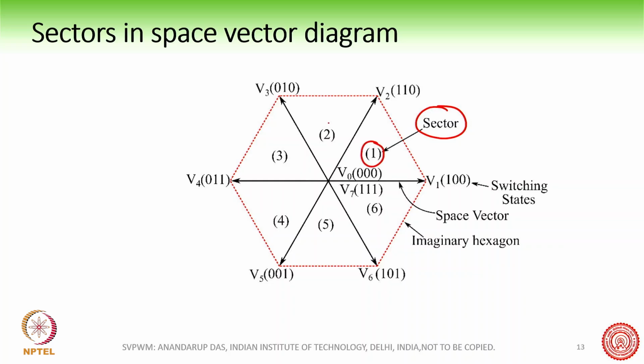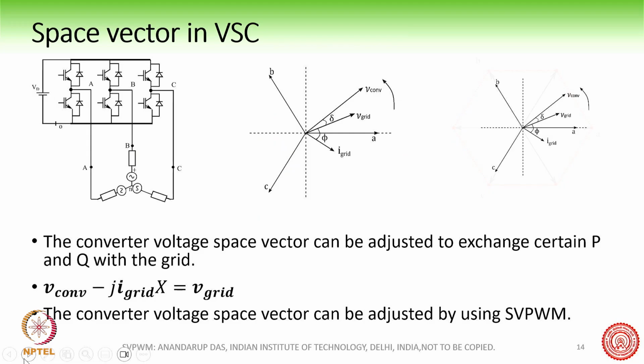You have sector 1, sector 2, sector 3, sector 4, sector 5, and sector 6. This is the total space vector diagram, and on this diagram we will be doing our analysis. It is very easy if you visualize this on the diagram, which is shown in this slide here.